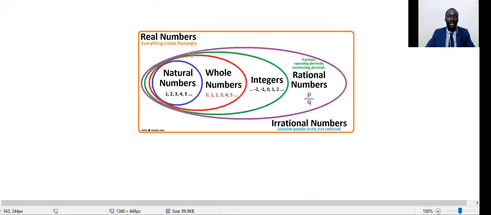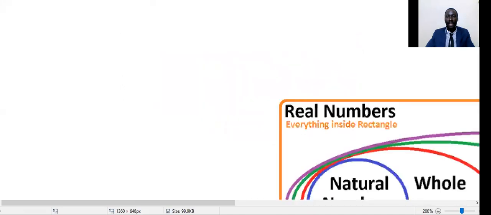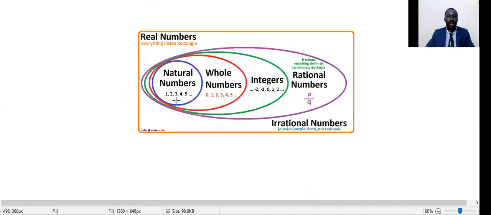When we look at this diagram, one thing you notice is that natural numbers start from 1, then 2, 3, 4, 5, in that order. These natural numbers that increase from 1 onwards don't include negative values.